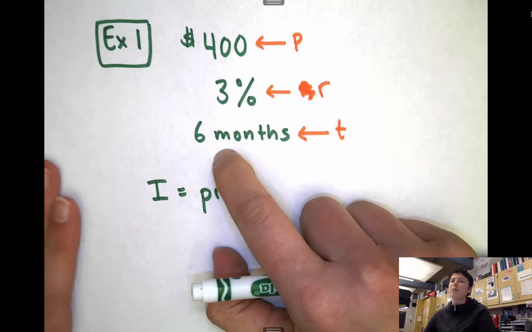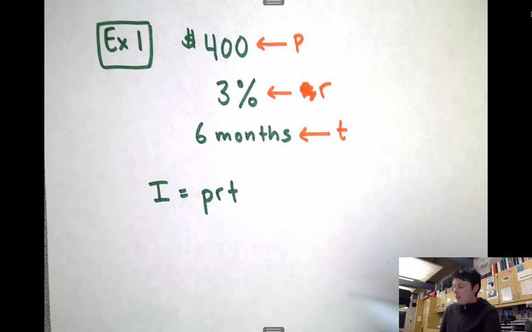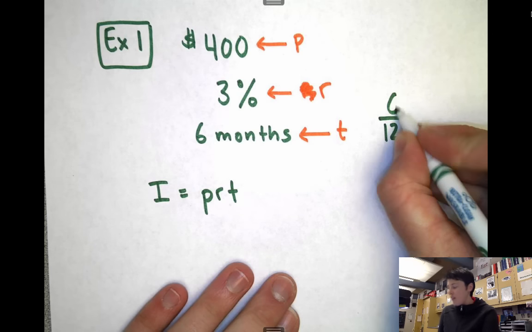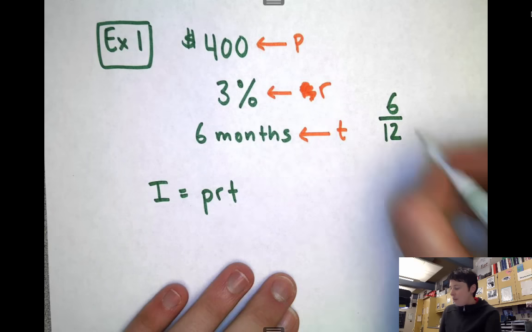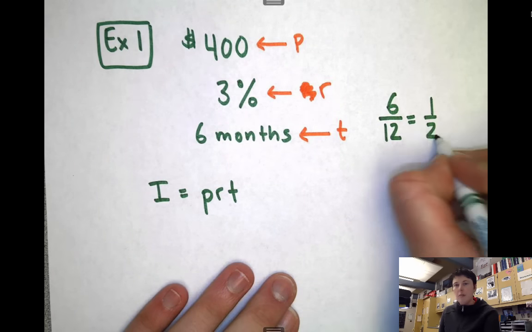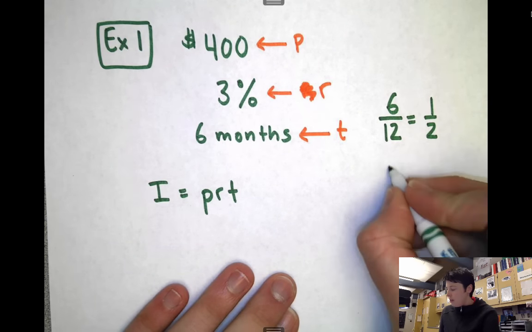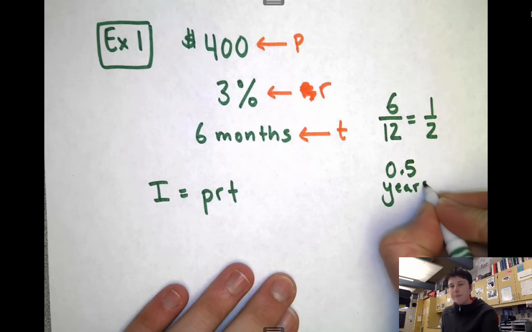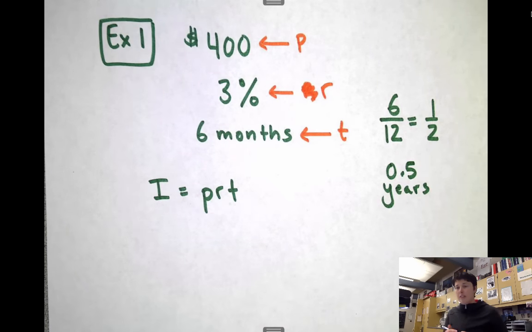So how much of an actual year is that? Knowing that there are 12 months in a year, 6 out of 12 is the same as 1/2. 1 divided by 2 is 0.5 as a decimal. So it's 0.5 years.